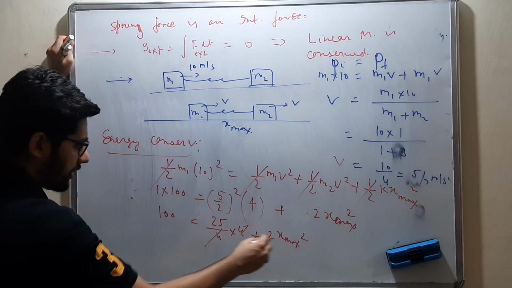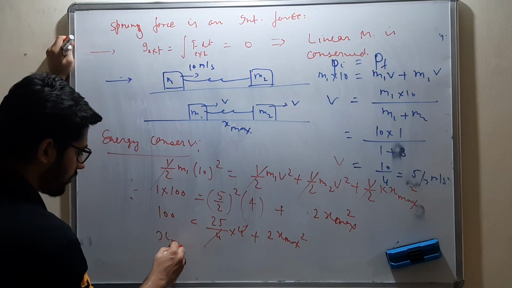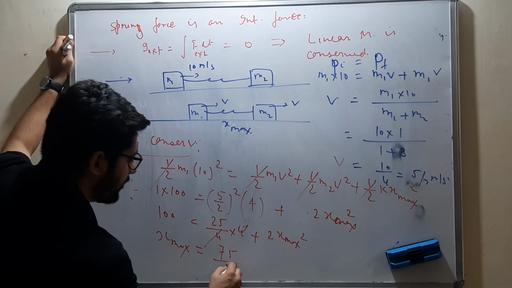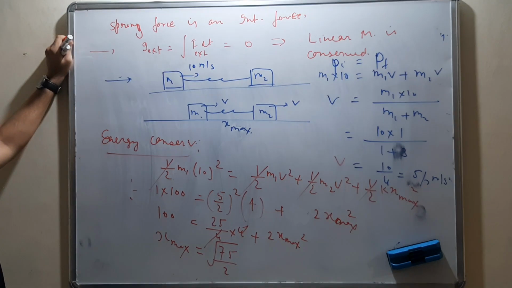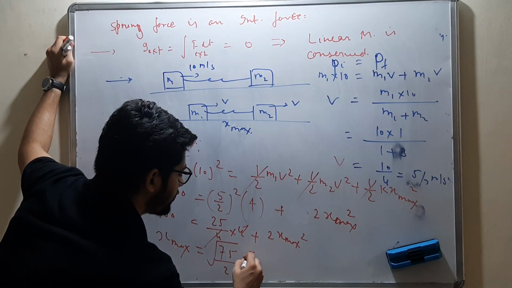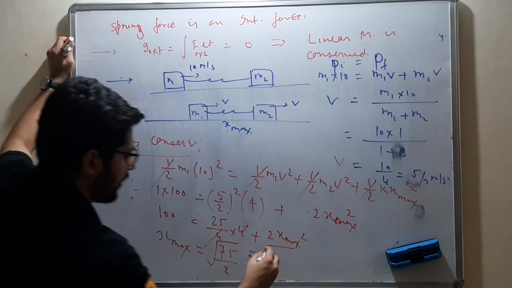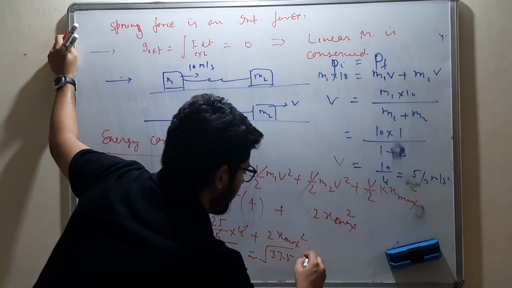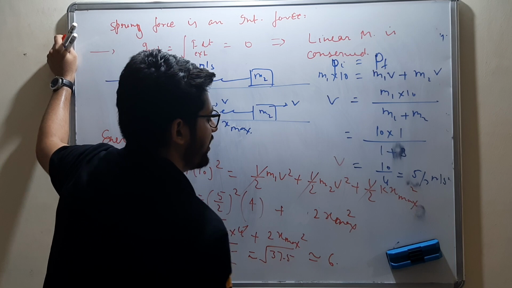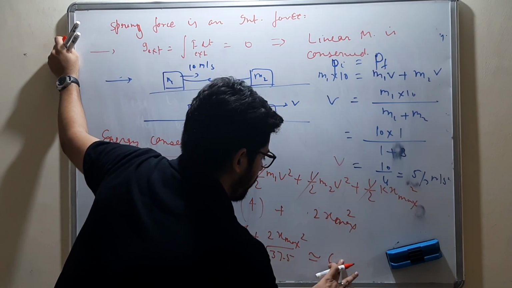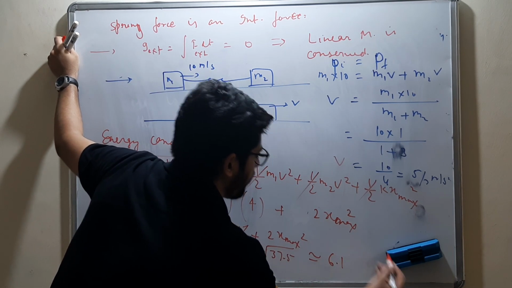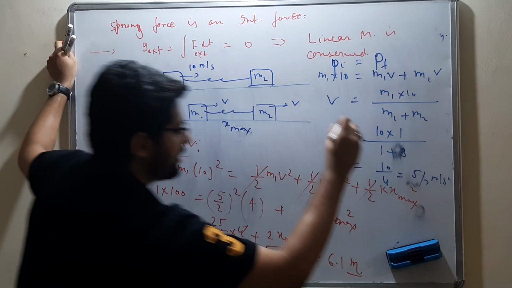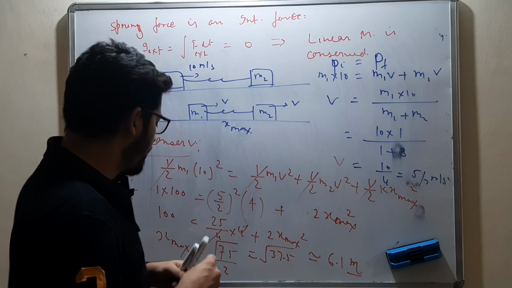Solving this, x max is the square root of 75 by 2, which is the square root of 37.5, approximately 6.1 meter. So 6.1 meter will be the maximum compression for the spring.